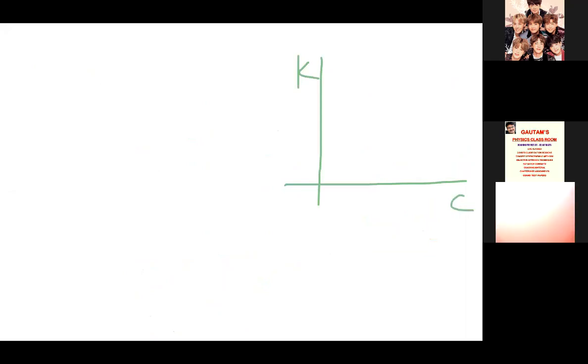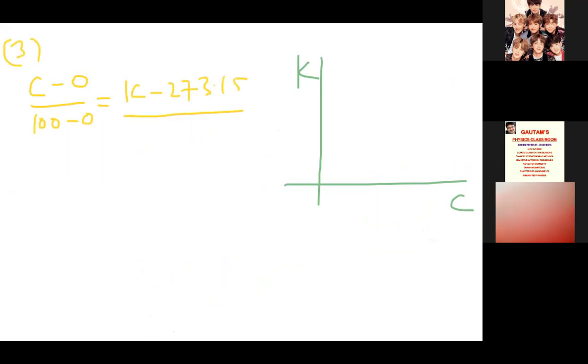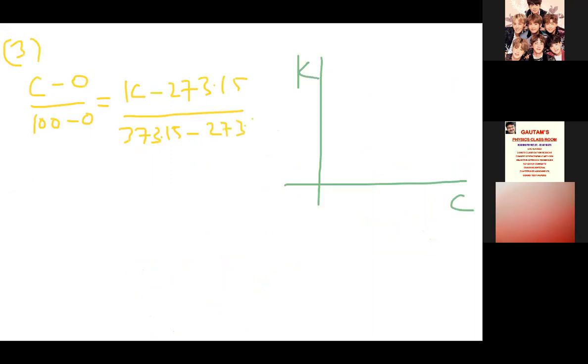They are asking to draw the graph between Kelvin and centigrades. Very easy, just 2 minutes work it is. The relation here is (C minus 0) by (100 minus 0) is equal to (K minus 273.15) by (373.15 minus 273.15).